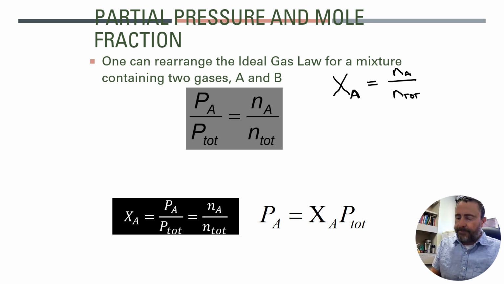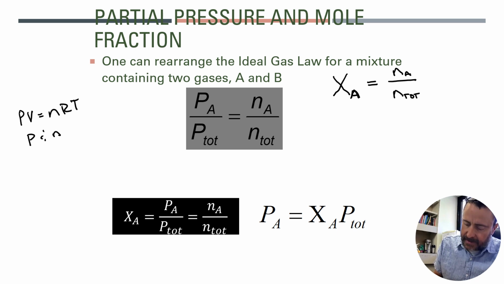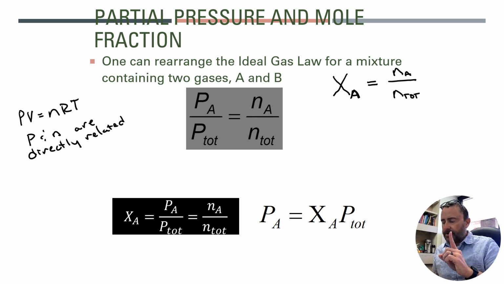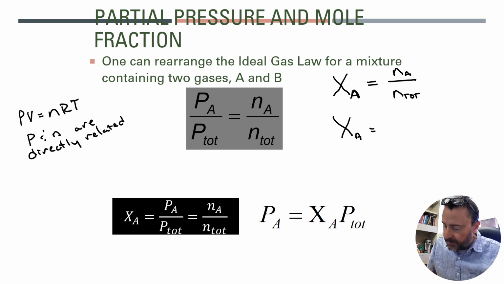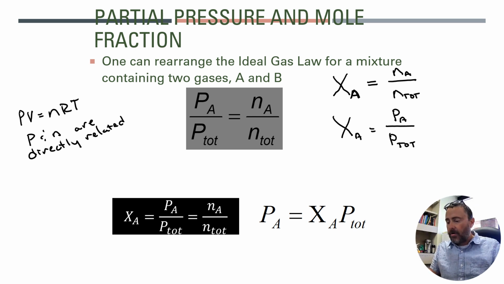But because of our ideal gas law, PV equals nRT, pressure and n are directly related. As pressure goes up, the number of moles goes up, so the mole fraction of A can also be written as the partial pressure of A divided by the total pressure of all the gases.